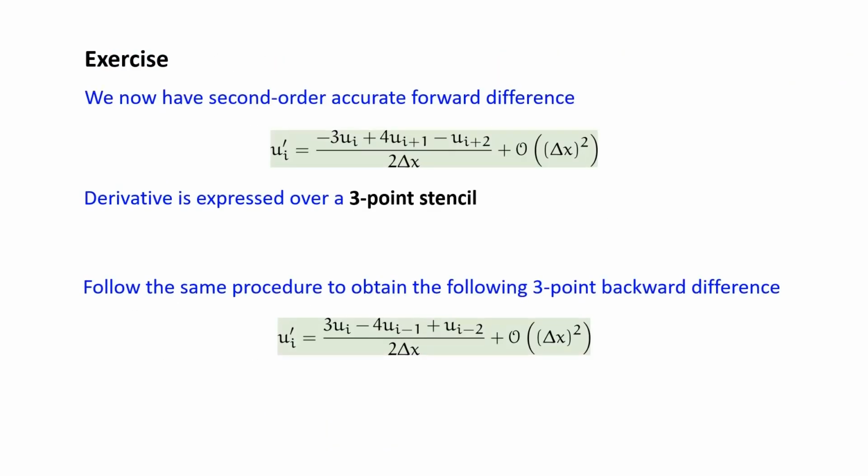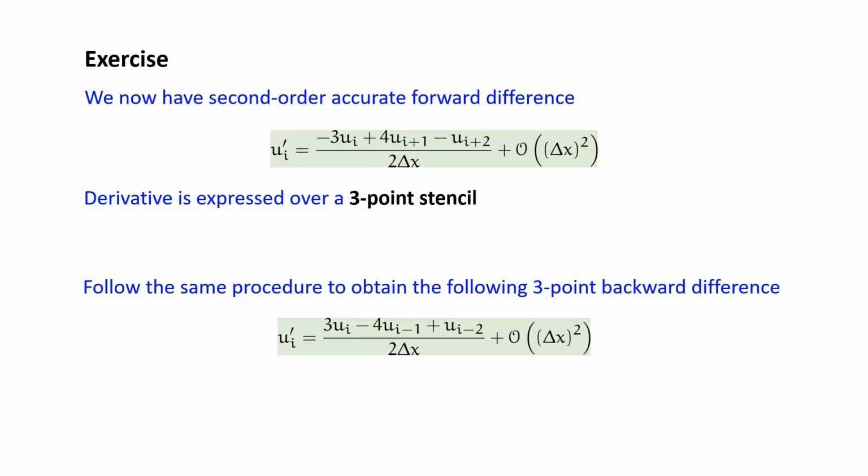So this 3-point forward difference idea, you can now take it forward and apply it to backward difference as well. So you can try to create a numerical scheme based on i minus 1 and i minus 2. And if you do so, you will see that it is possible to have a second order backward difference.